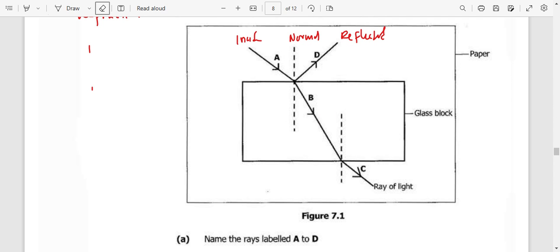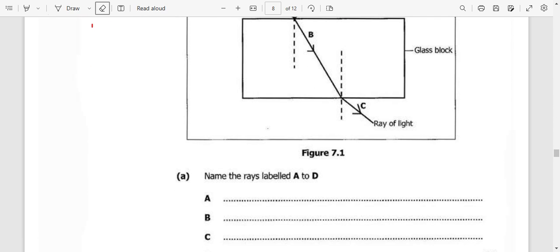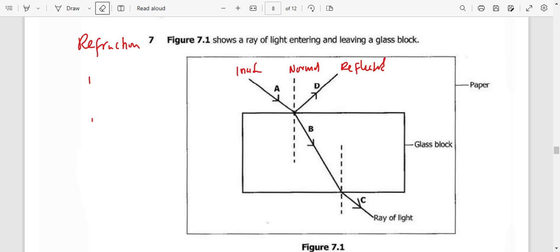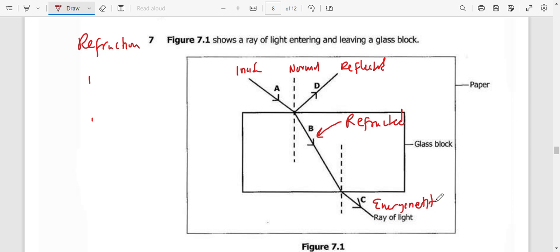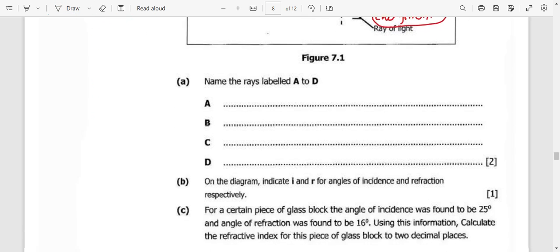And then D is a reflected ray. And then B, this is the refracted ray. And then C is the emergence or emergent ray. It's emergent because it's coming out. That is it for this question.